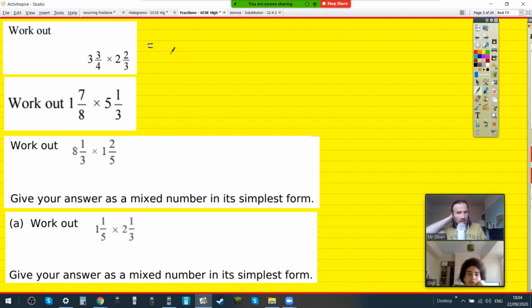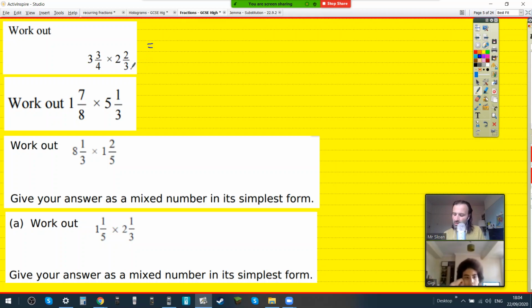So it'll be 9 over 4. Oh no, it would be 11. You would times it by the bottom one. And add the top.